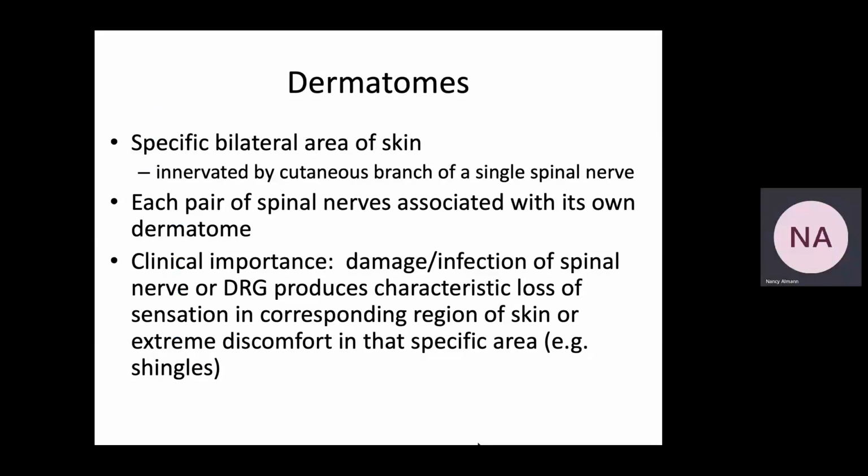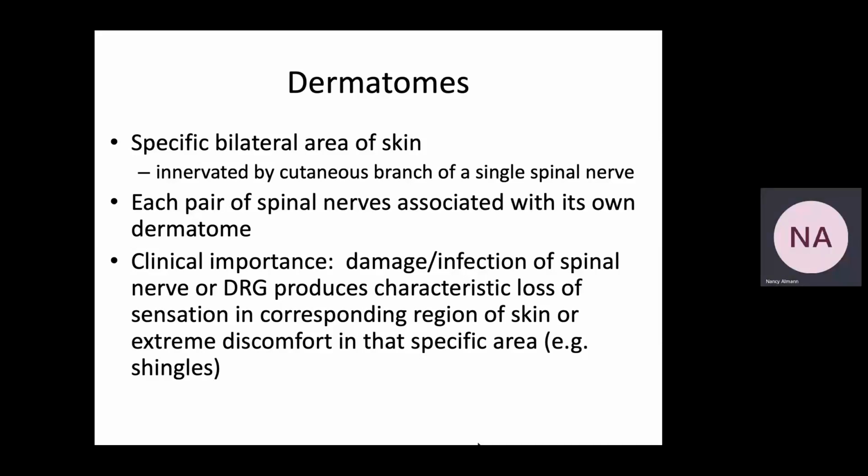Let's talk briefly about dermatomes and myotomes. Dermatomes are specific areas of skin that will be bilateral. They are innervated by cutaneous branches of a single spinal nerve. Each pair of spinal nerves is associated with its very own dermatomes. Why are these important?